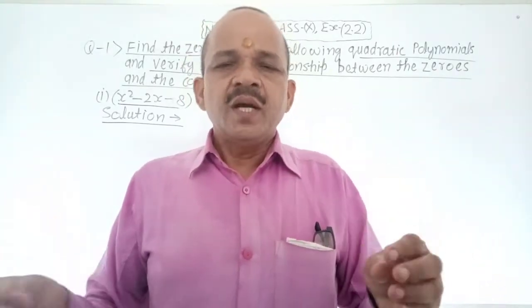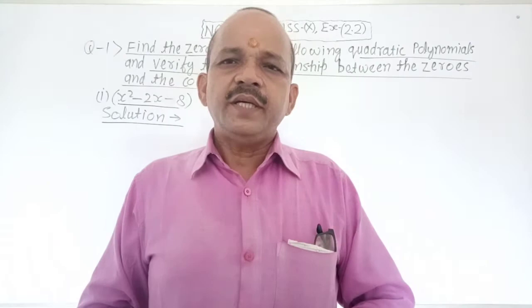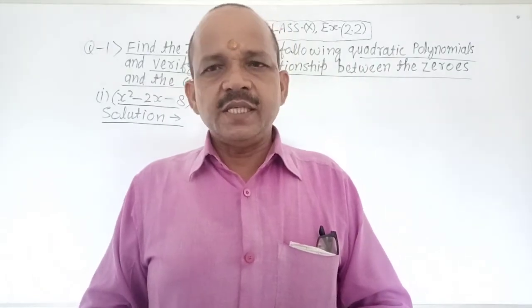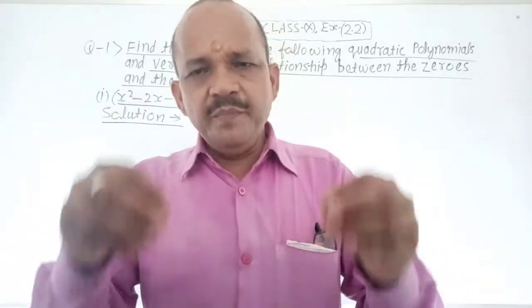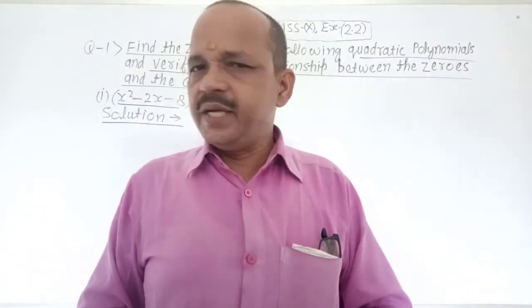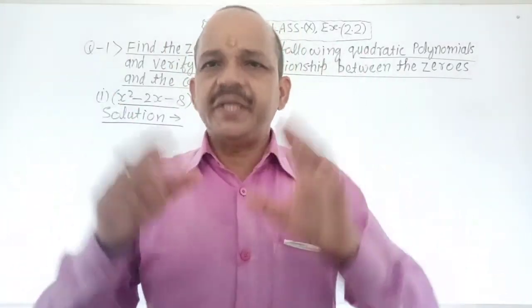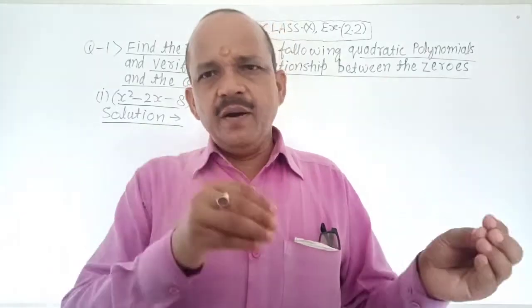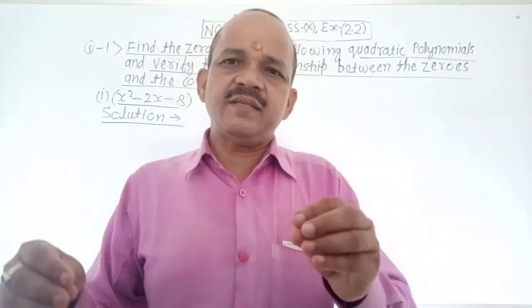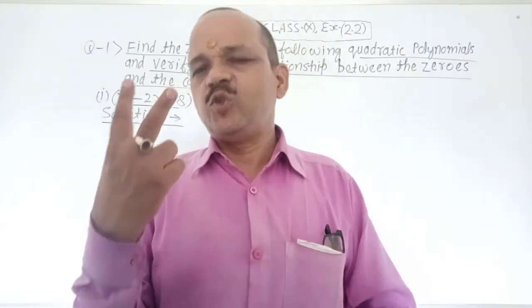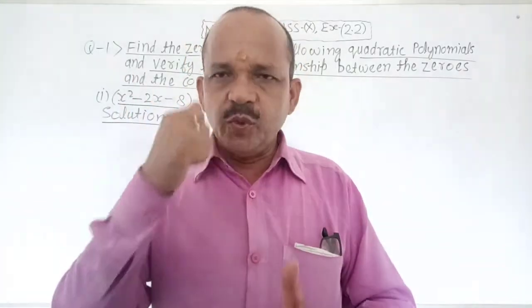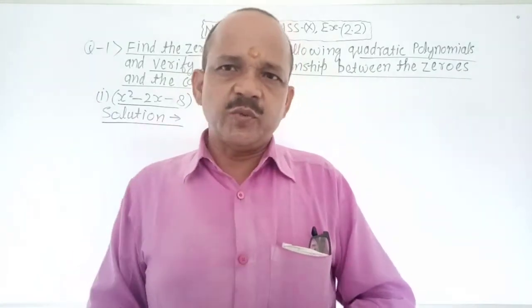Very good. The number in front of each term is called its coefficient. The maximum power of a polynomial is called its degree. The degree of a polynomial is known as its zeros. Polynomials are of two types: first, term based polynomial; second, degree based polynomial.